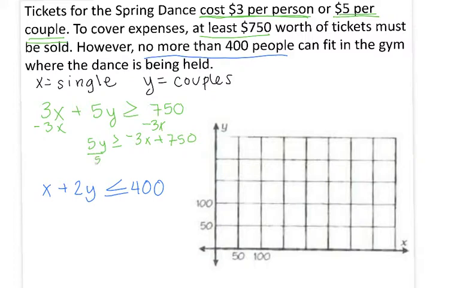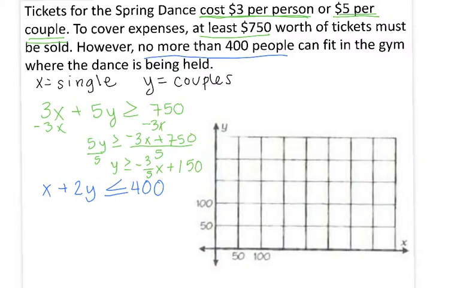Divide everything by 5, and we will have y greater than or equal to negative 3/5 x plus 750 divided by 5, which is 150. And then graph this.